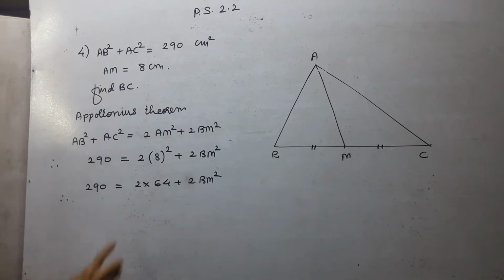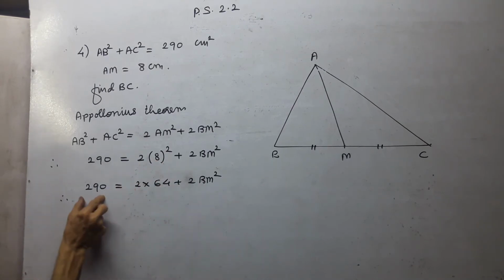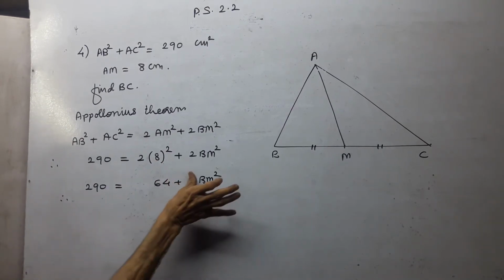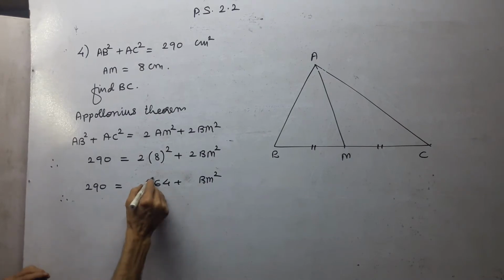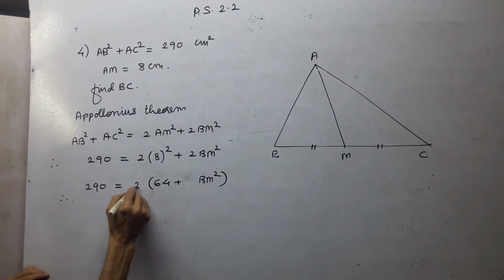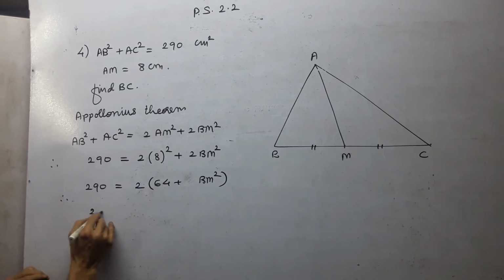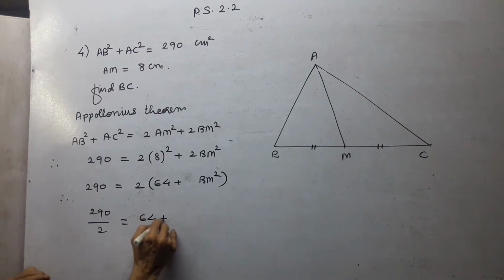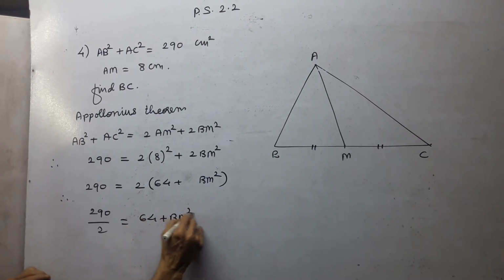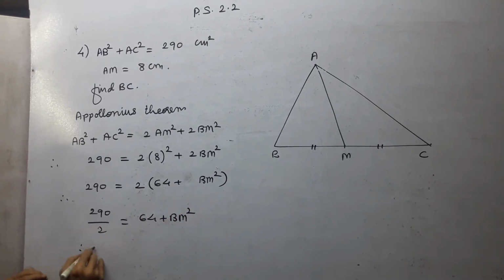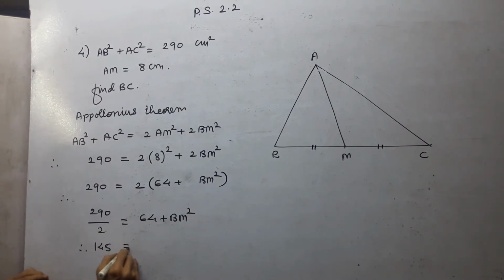Otherwise, you can do one thing: take 2 common and divide by 2 here. That will be better. So 290 upon 2 is equal to 64 plus BM square. This way also you can solve. So 290 upon 2 is 145, is equal to 64 plus BM square.